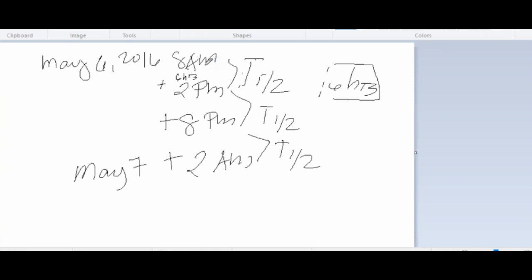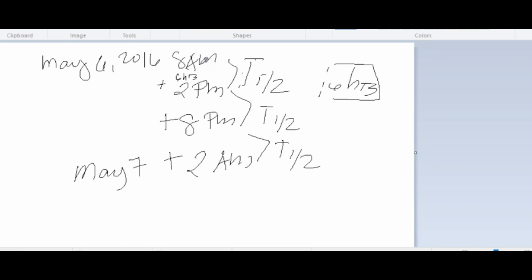So, sabi natin, yung ating Technetium 99M ay may half-life na 6 hours. So, pagkatapos ng 6 na oras, magha-half-life na siya. So, from 8 a.m., we will count 6 hours. 8 a.m. plus 6 hours, that is 2 p.m. So, isang half-life na siya. Then, we will again add another 6 hours, ikalawang half-life. So, 8 p.m., dalawang half-life na siya. That is 12 hours.